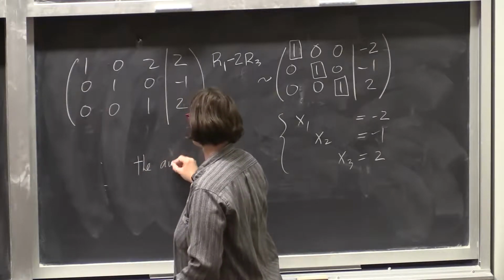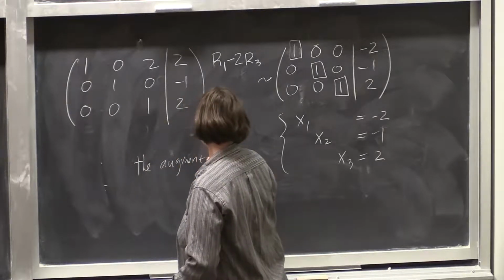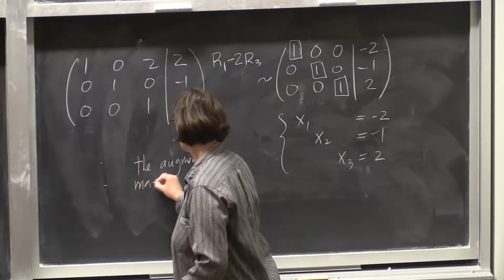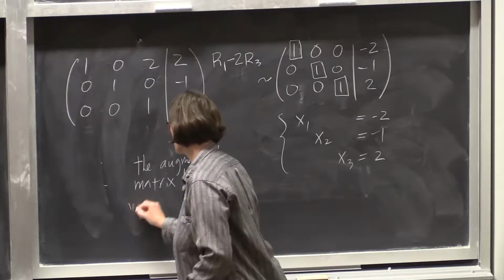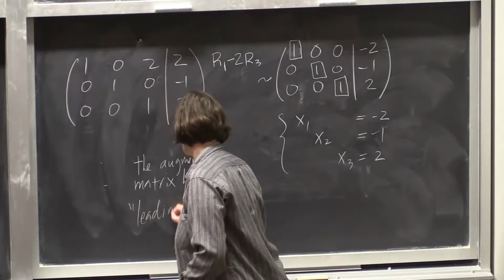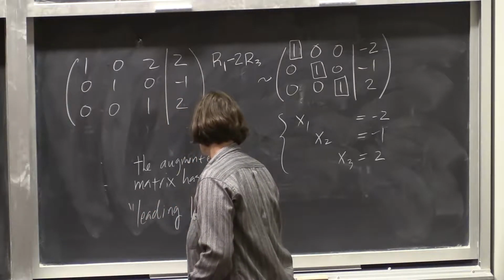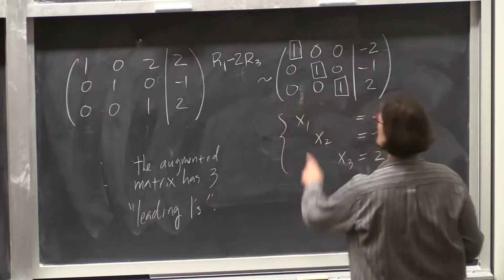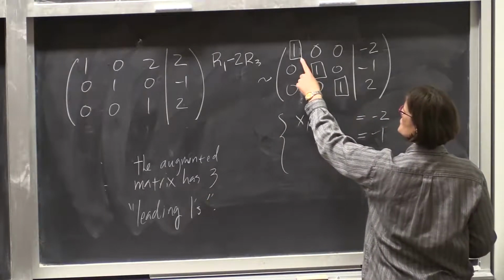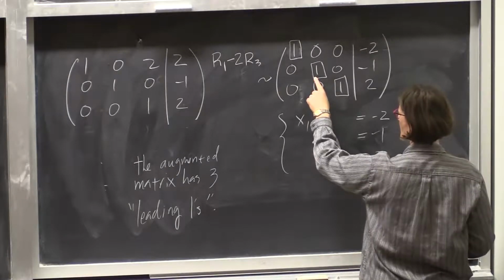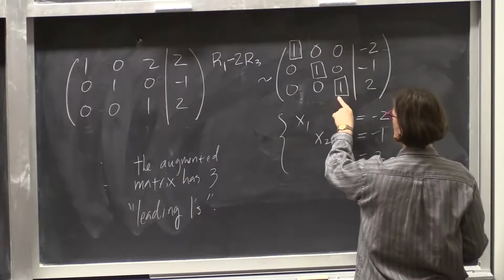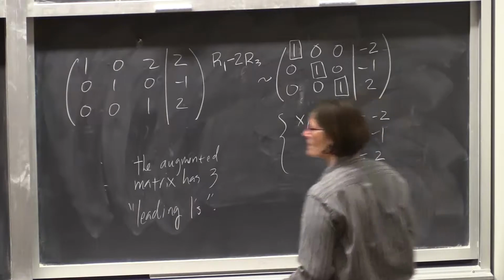The augmented matrix has 3 leading ones. There's a leading one in the first column in the first row. There's a leading one in the second column in the second row, and there's a leading one in the third column in the third row.